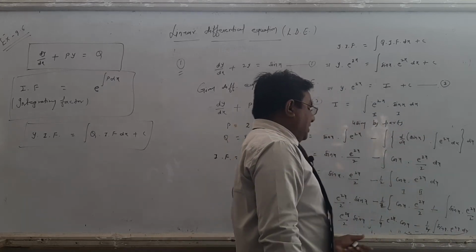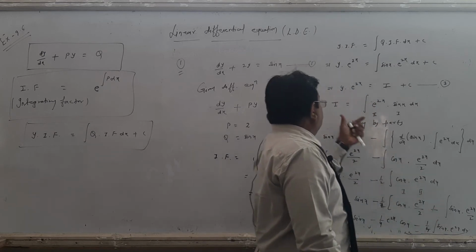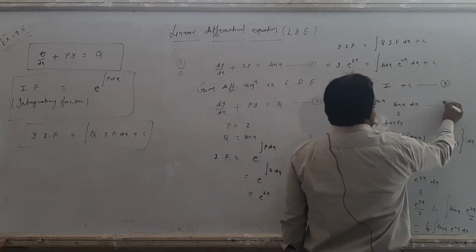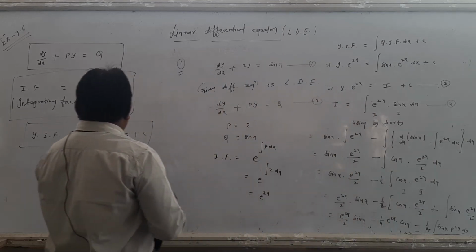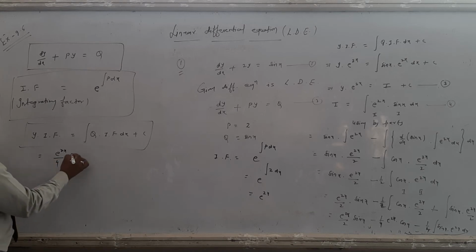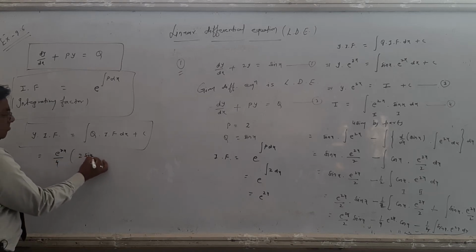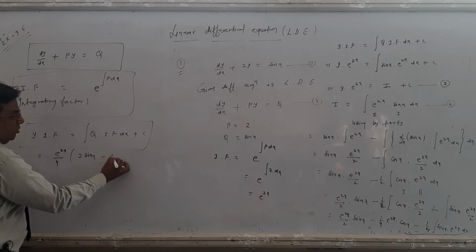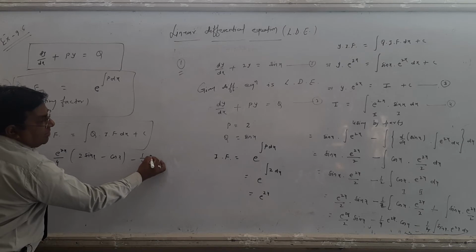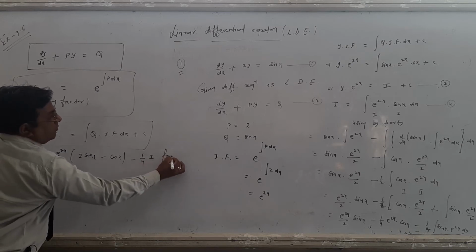Then this is again two different functions, but this value is I. Now from equation 4, this is the value of I. So now e raised to power 2x is common, upon 4 is LCM, then 2 sin x minus cos x, and minus 1 by 4 I, this is the value of I from 4.